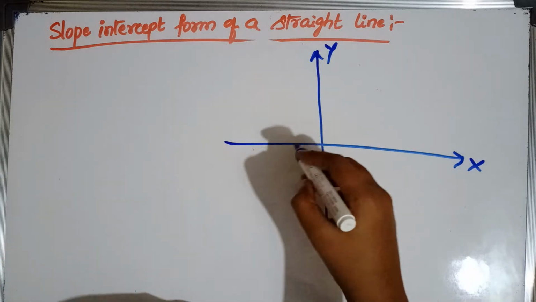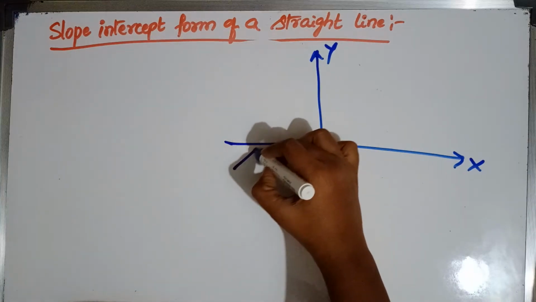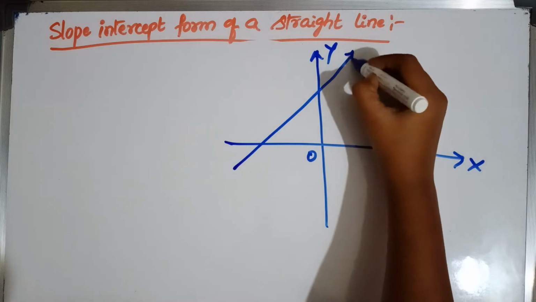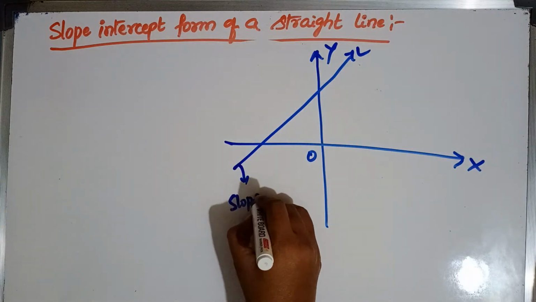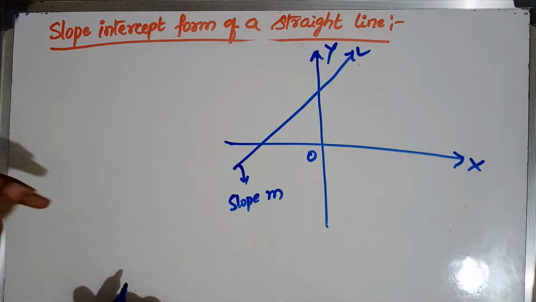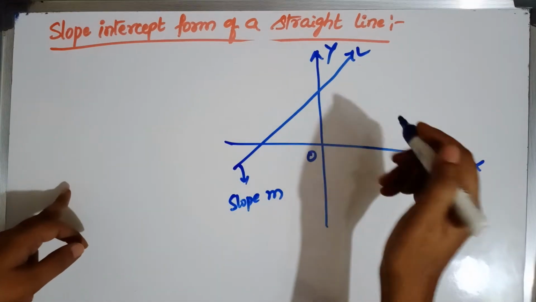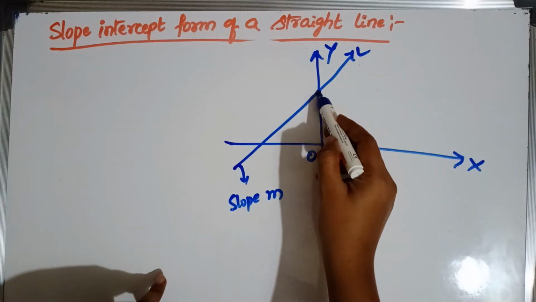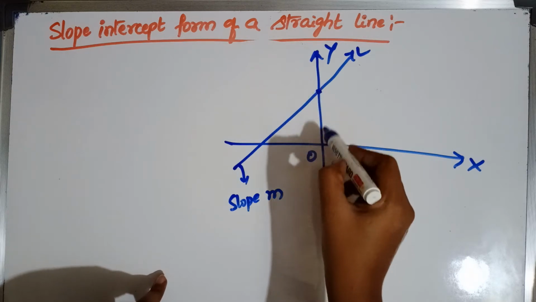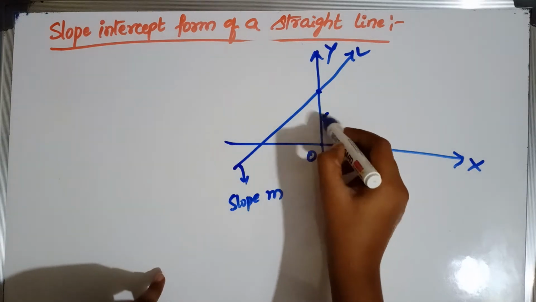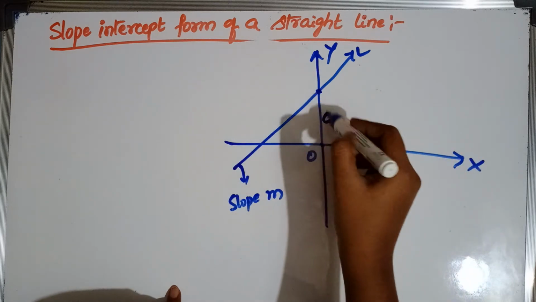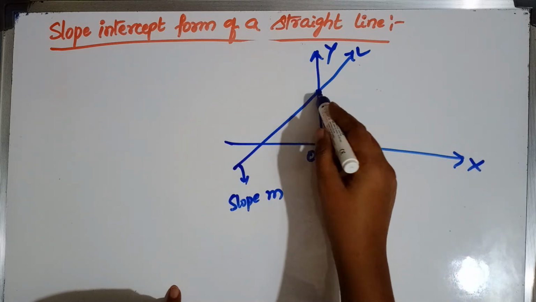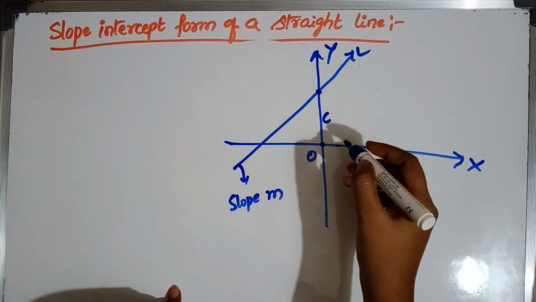Let us consider a line L. This is the line L whose slope is m. This line intersects the y-axis at a distance of small c above the origin.